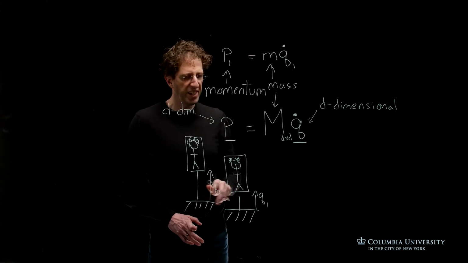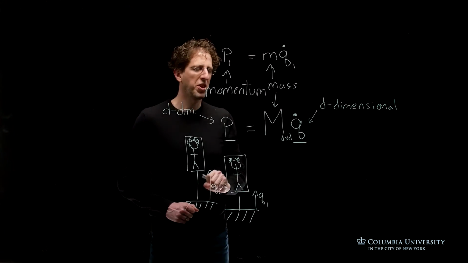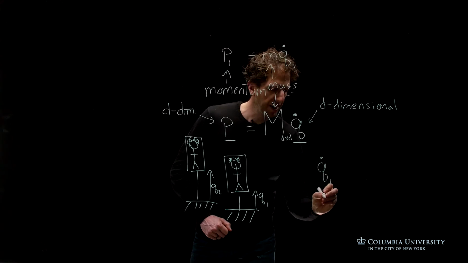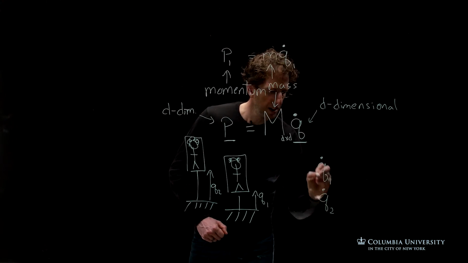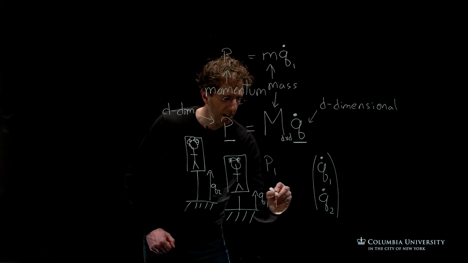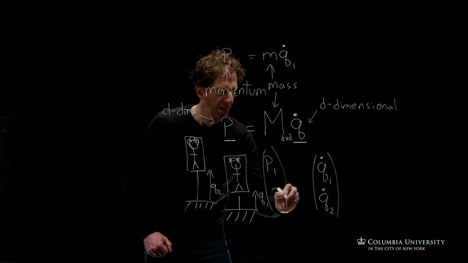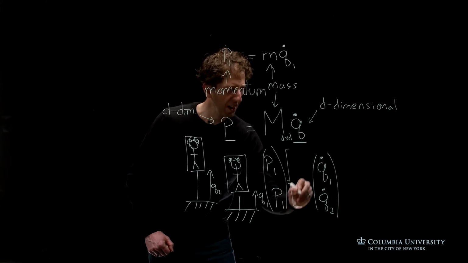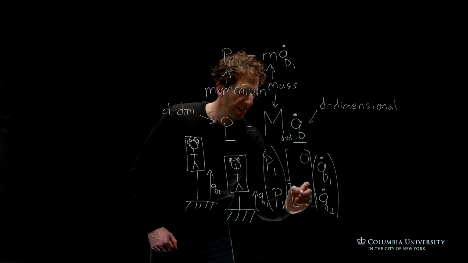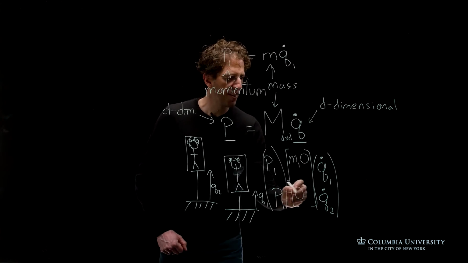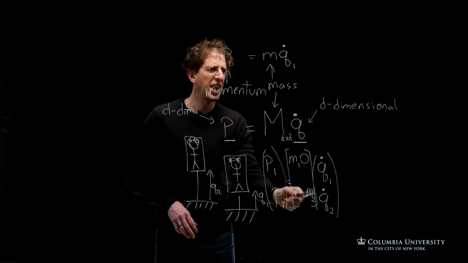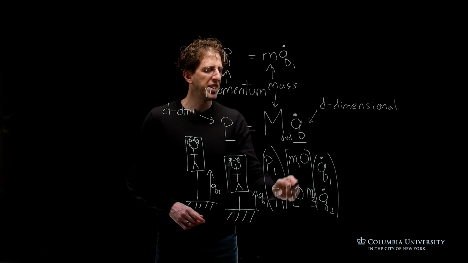So if our representation of the two elevators is in terms of Q1 and Q2, so our velocities look like this, and our momenta are expressed in terms of P1 and P2, it's very reasonable to use here a matrix that has the mass of the first elevator and the mass of the second elevator as its two diagonal components, and 0 for the off diagonals.